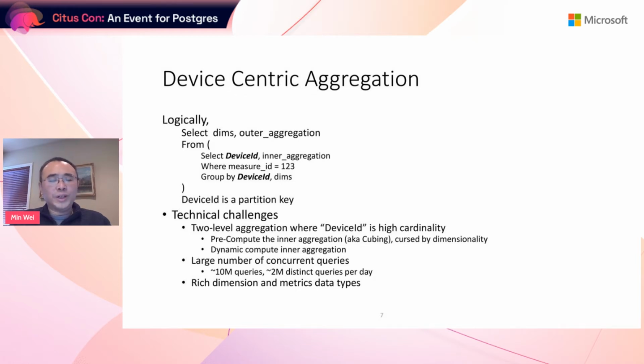As we know, this type of pre-compute is cursed by dimensionality. It uses an enormous amount of computing time and also a lot of storage resources. So it's not economical and doesn't really scale.